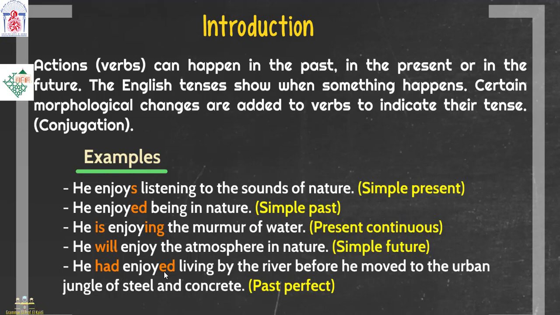This is something not to worry about at this stage because we are going to study that in more detail. Now, the idea that I want you to get from these examples that I've just read for you is that sometimes it is very necessary to make some morphological changes to the spelling of the verb to conjugate it in a certain tense, okay?